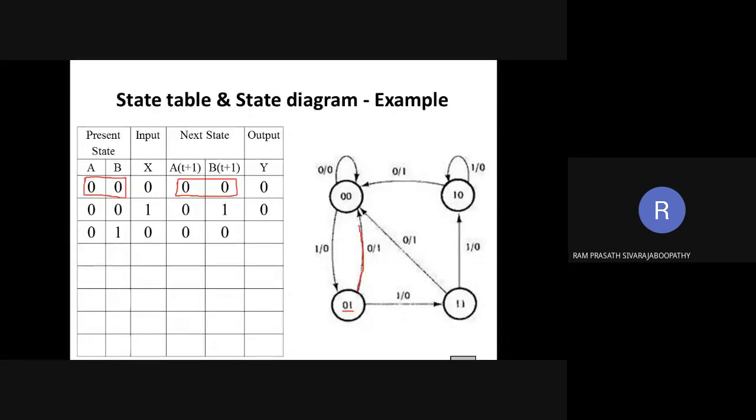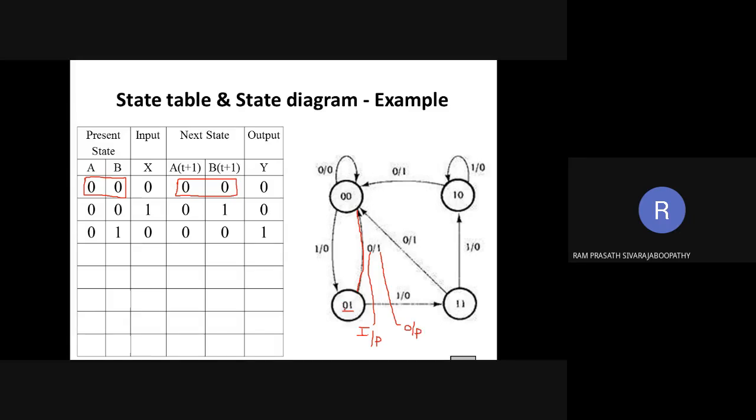So it moves to the 0, 0 state. Clear? So what about the output? 1. So we should write 0 by 1. This 0 indicates, the left-hand side is the input, which is X. The right-hand side, next to each state transition, is the output Y. So this is X by Y.